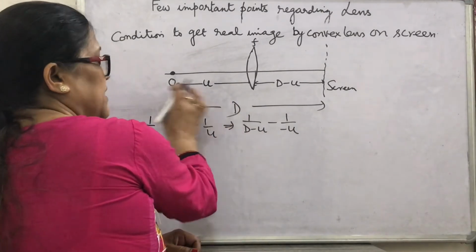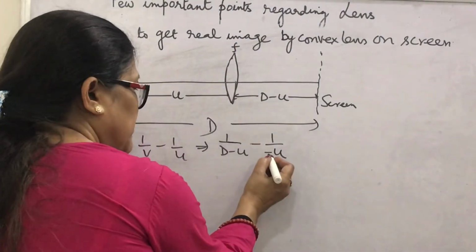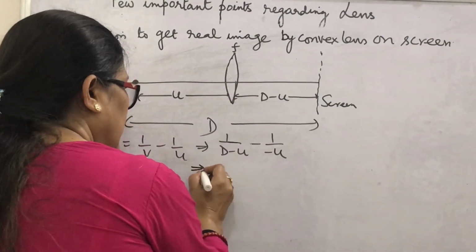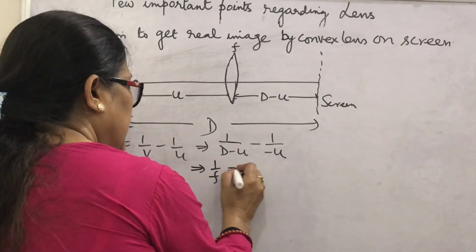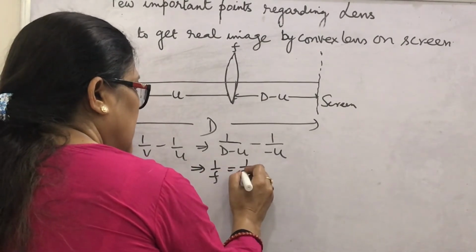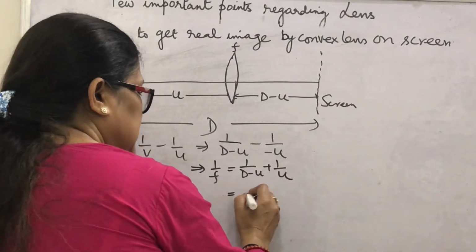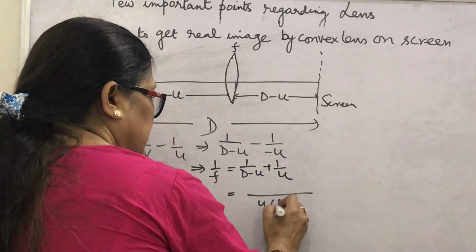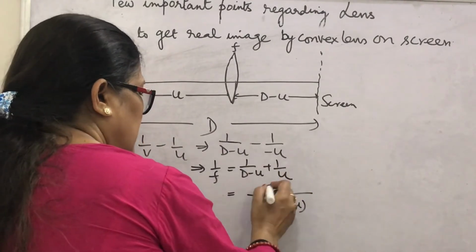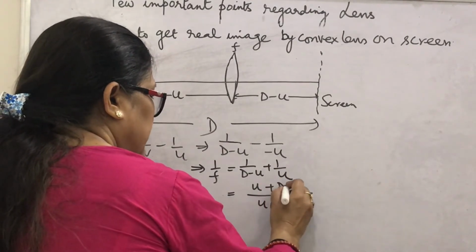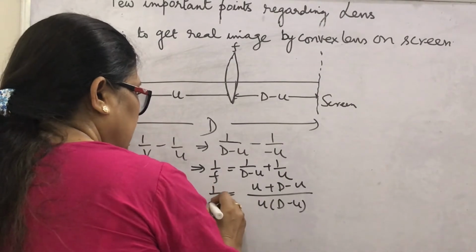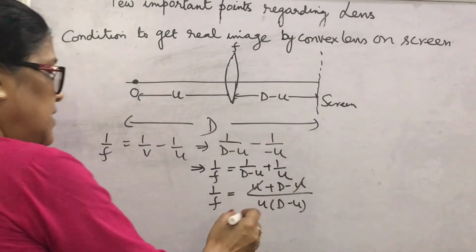This distance is minus, so this minus u will become plus u. You will get 1 upon f equal to 1 upon D minus u plus 1 by u. Taking LCM, this is u into D minus u. Here this will be u plus D minus u equal to 1 by f. This u and u will be cancelled.